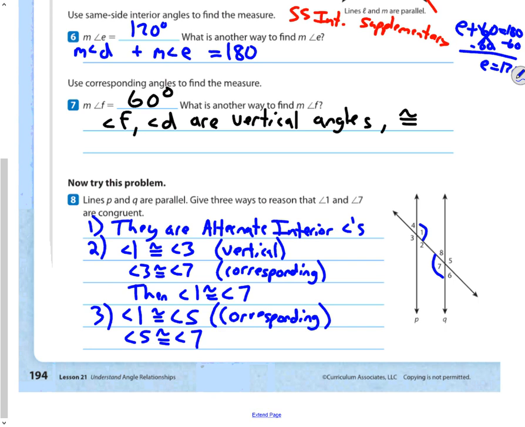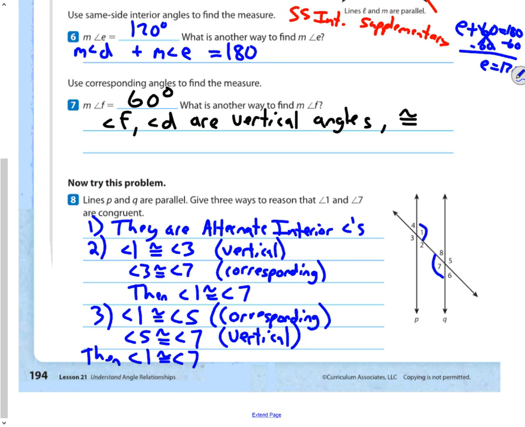Why are they congruent? Because they're vertical angles. And then if 1 and 5 are congruent and 5 and 7 are congruent, that means that angle 1 has to be congruent to angle 7. So you see there's all these connections between different types of angle pairs, and you just got to know the relationships in order to find all these different connections.